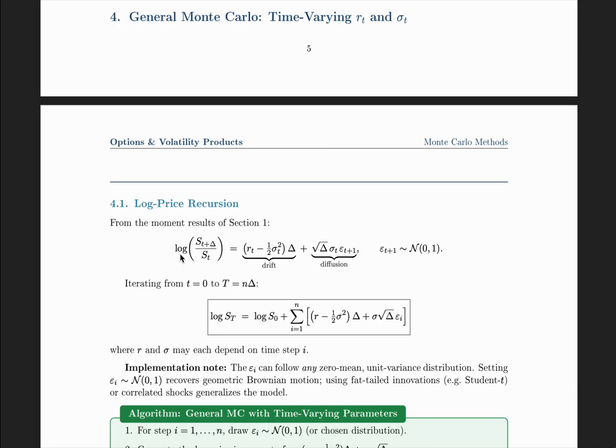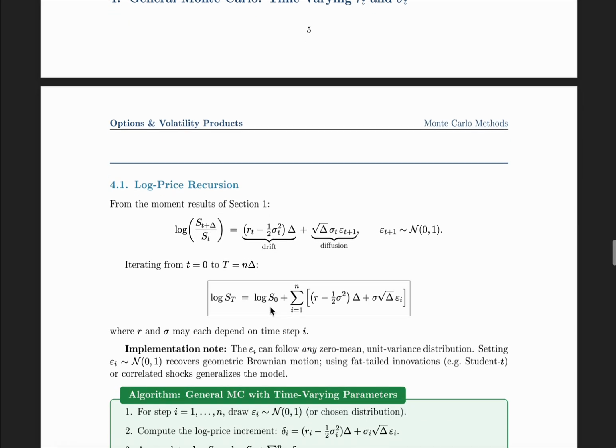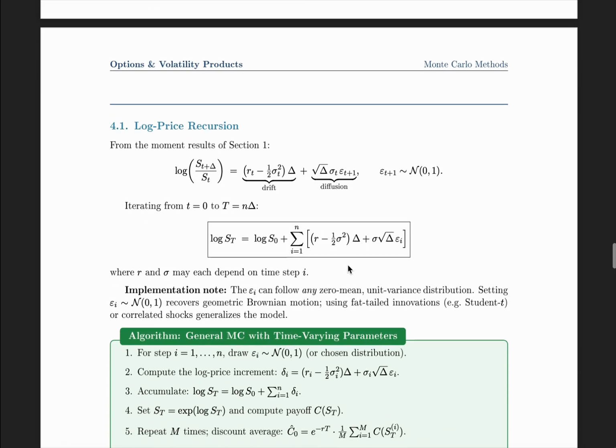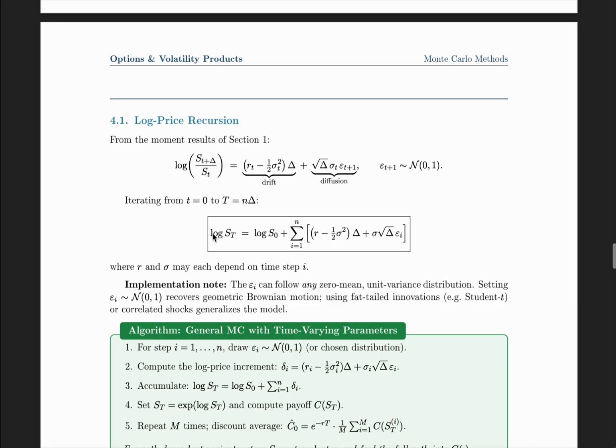And we can see that since log of a ratio is simply equal to log of the numerator minus the log of the denominator, moving the denominator to the other side and simulating this across each period for one possible path, this equation is very good because it helps us visualize what the Monte Carlo simulation even is, right?